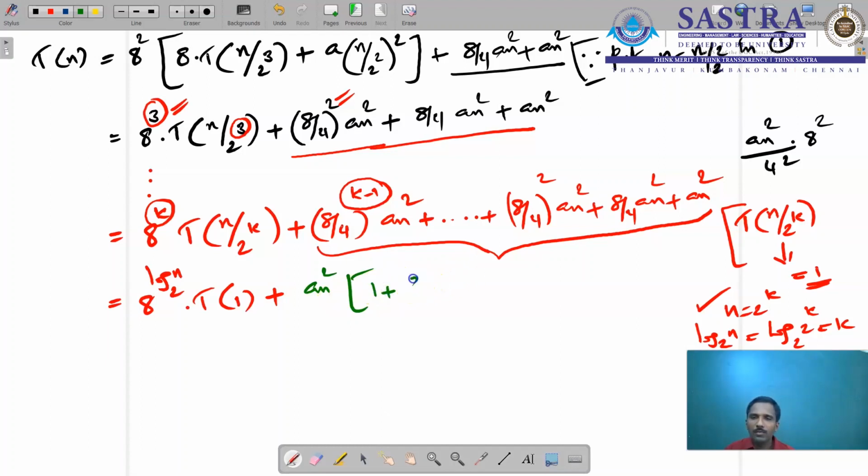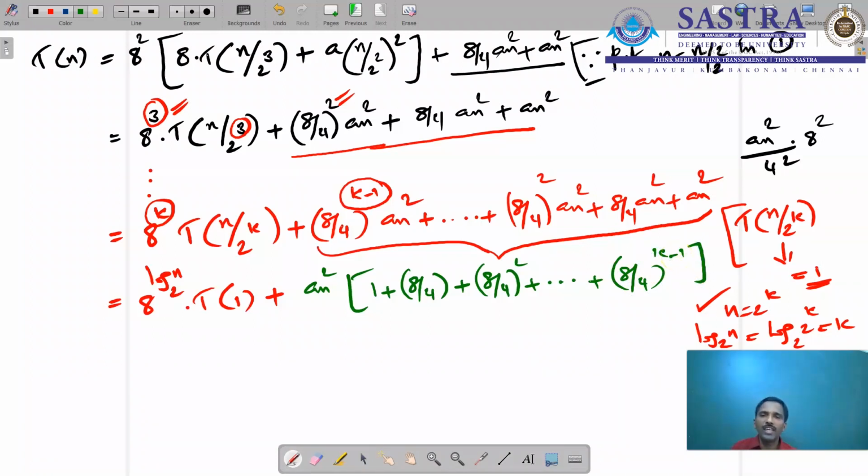Then this is 8 by 4, then 8 by 4 whole power 2, then plus etc., 8 by 4 whole power k minus 1. Since a n square is the common factor, it is taken from each term.